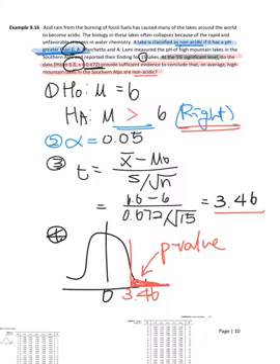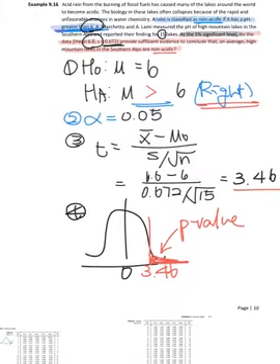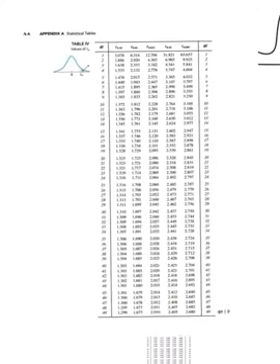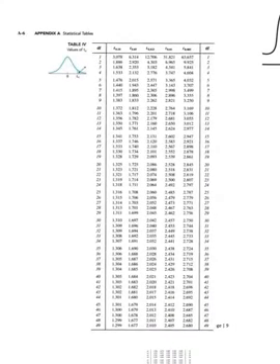We have to take the probability from the z table. I'm sorry, from the t table, right? So let me go to the t table. For the t table, we needed the degree of freedom.